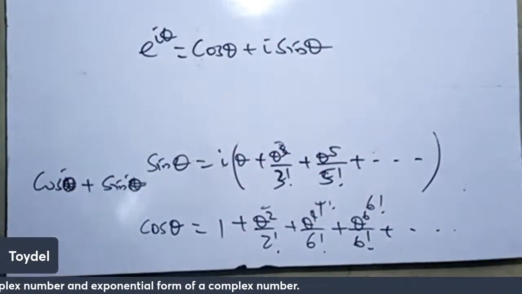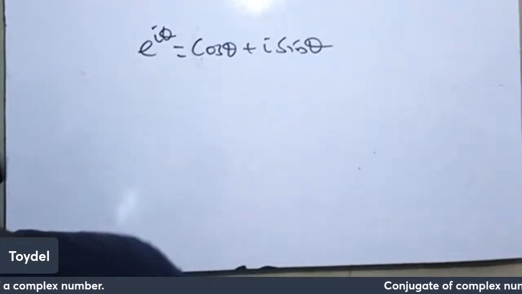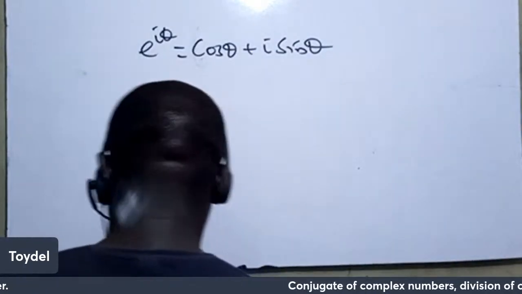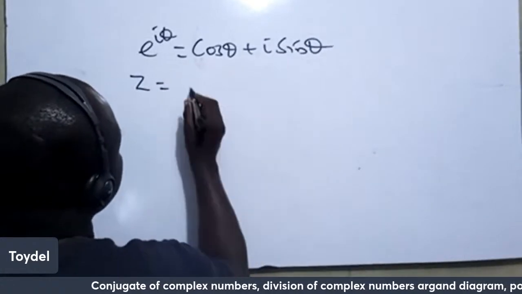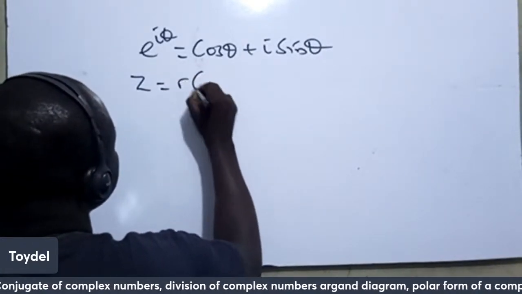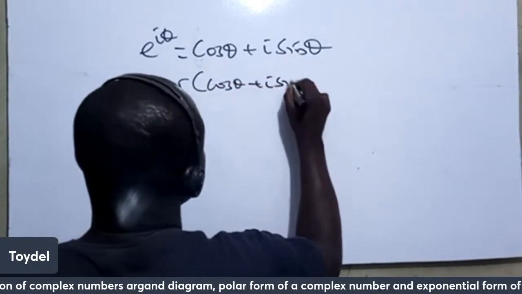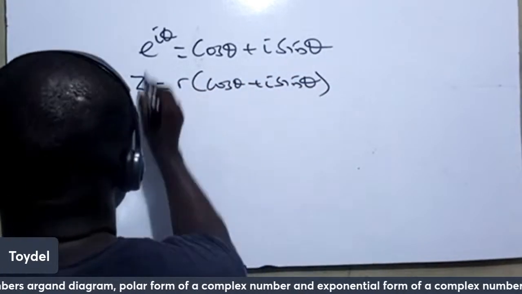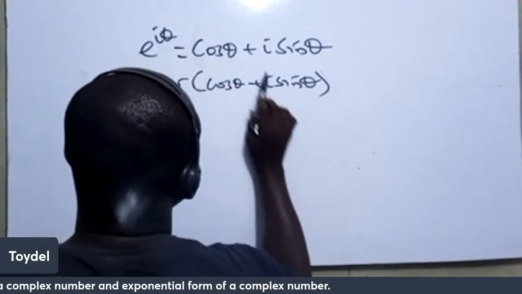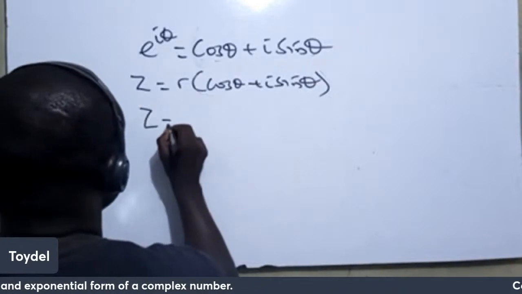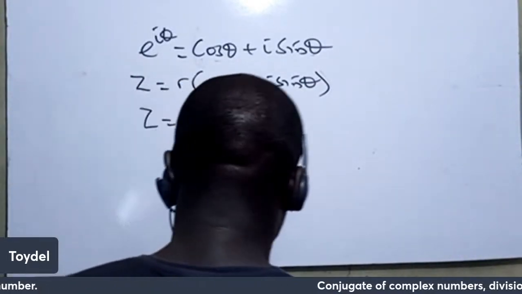If I look at that critically, that's what I'm going to get. Then we know that from the polar form of a complex number, we are given this as r into bracket cos theta plus i sine theta. This is the polar form. So my z can be equal to r e to the i theta.